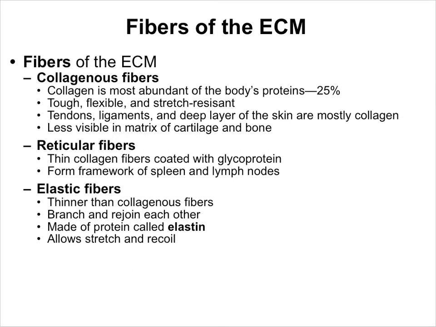There's like type 1 collagen, type 2 collagen, type 3 and 4 and 5 collagen. And different collagens are actually going to have different properties. Some are going to be stronger, some are going to be more impact resistant. But collagen, or the collagen family of proteins, is the most abundant of the body's proteins. About 25% of the protein mass of your body is collagen.